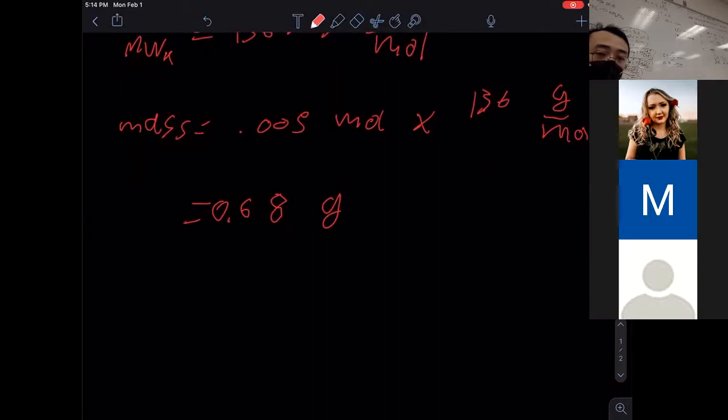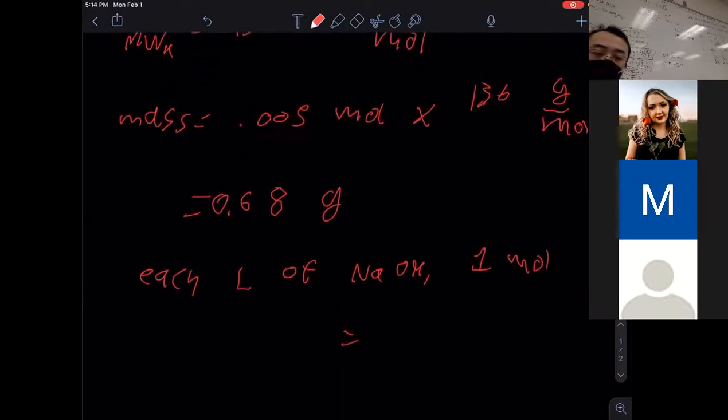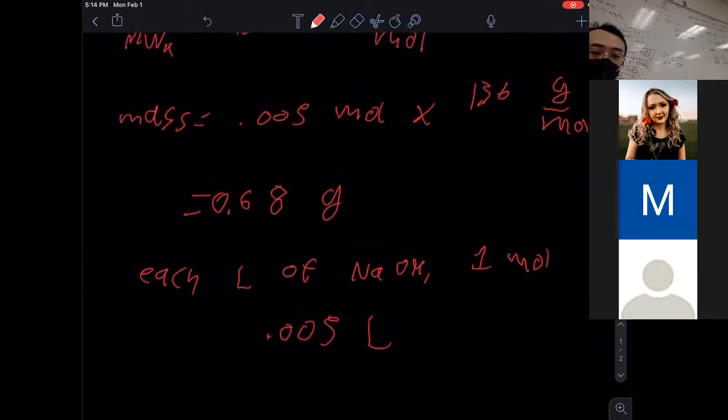For each liter of sodium hydroxide we have 1 mole, and cancelling that with 0.05 moles, we want 0.05 liters or 50 milliliters of NaOH. No, that's not what you mean.